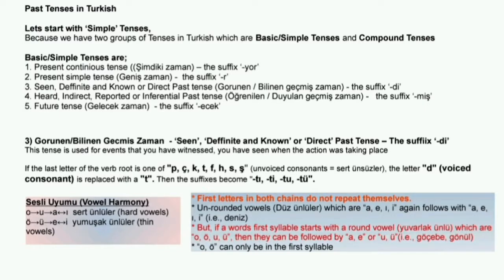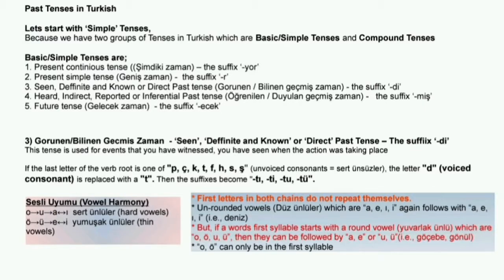But if a word's first syllable starts with a round vowel, yuvarlak ünlü, which are O, Ö, U, Ü, then they can be followed by A, E or U, Ü. Examples: göçebe or gönül.